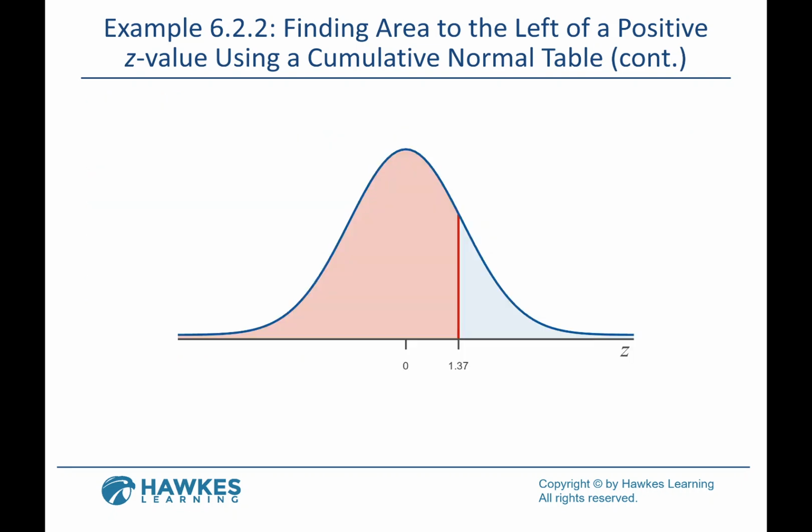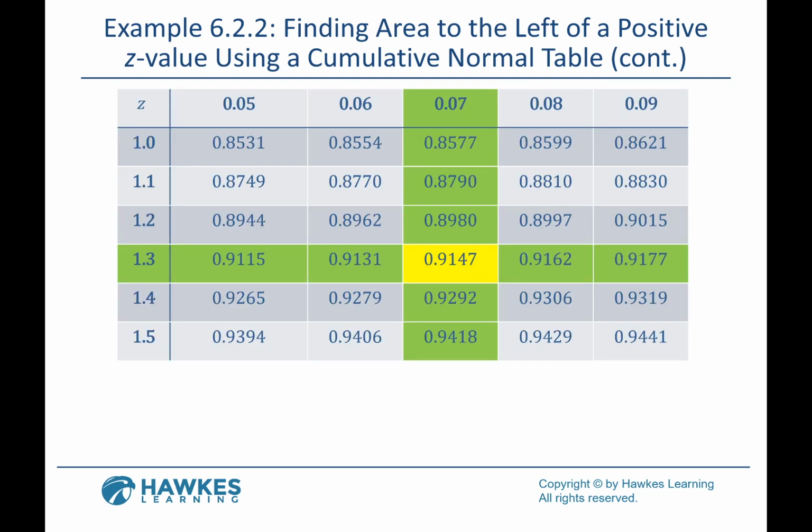And if we look at our table, you go down the left until you get to 1.3, and then go across until you get to the column that ends with 7, for 1.37. And then we get our area, 0.9147. Okay.